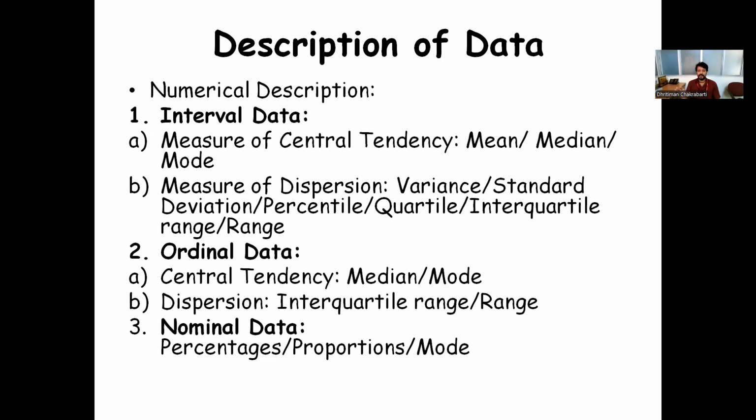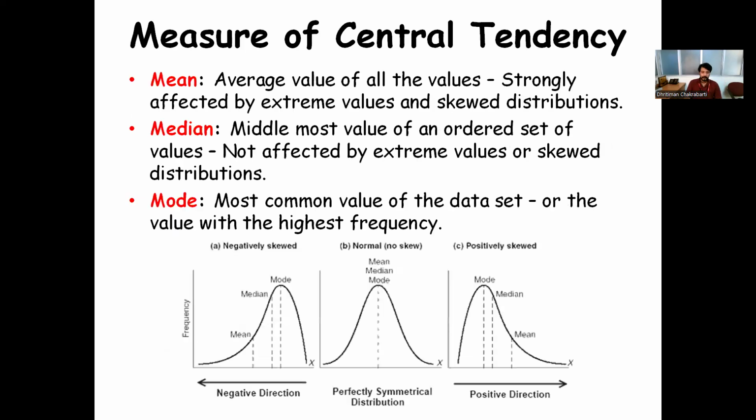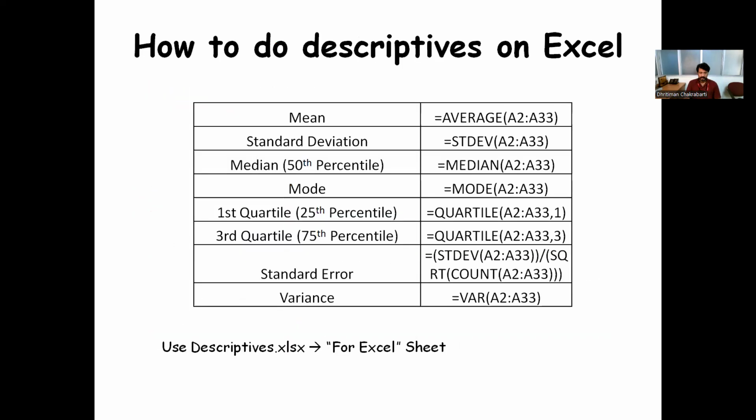There is a huge difference between them, and understanding which is useful in which context, and whether you should be using mean or median, I will cover in one separate video. Today, I'll just be describing what these are and how you can get these in Excel as well as in Jamovi. All of these things can be gotten in Excel also. Remember that.